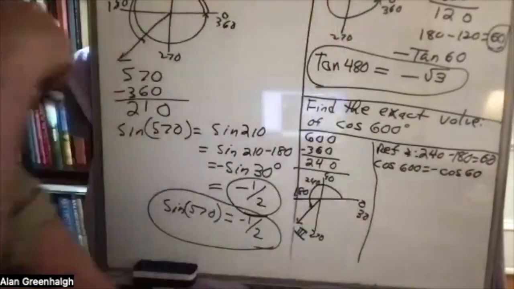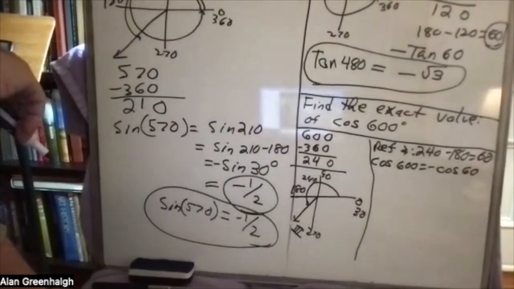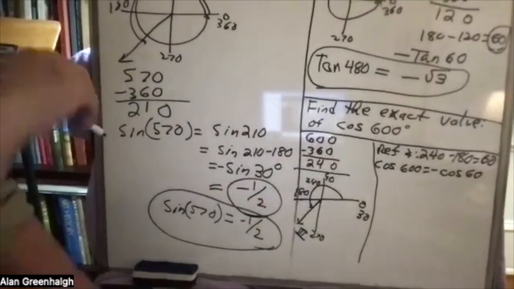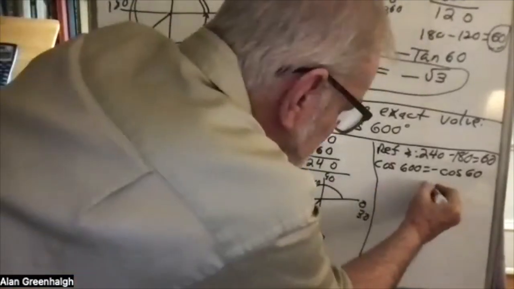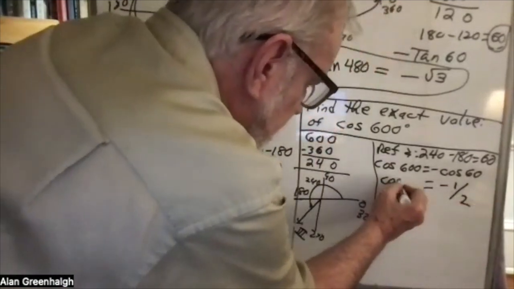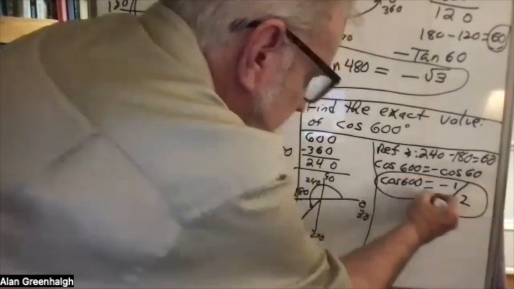The cosine is positive only in the fourth quadrant. So the cosine in the third quadrant is going to be negative, and the cosine of 60 degrees is a half. So the answer is the cosine of 600 degrees is equal to negative 1/2.